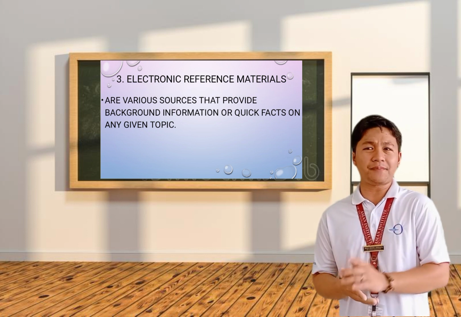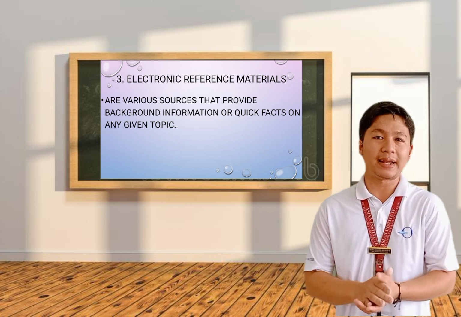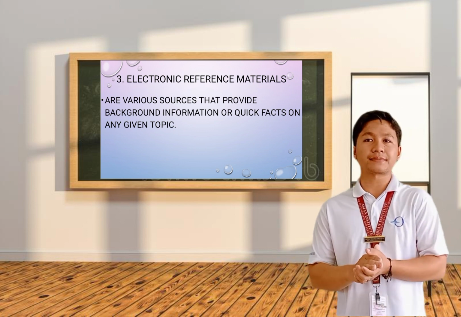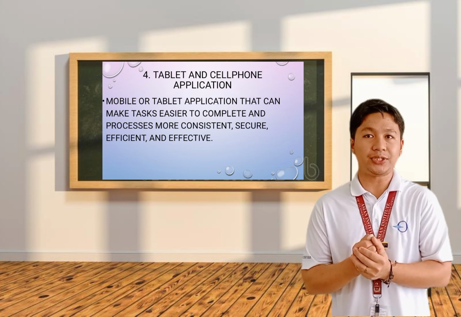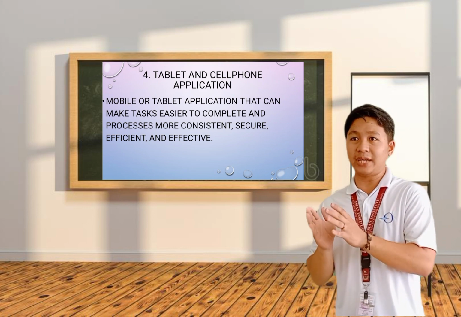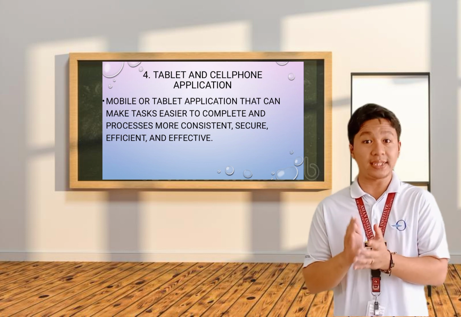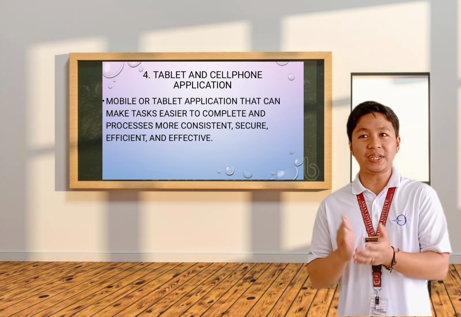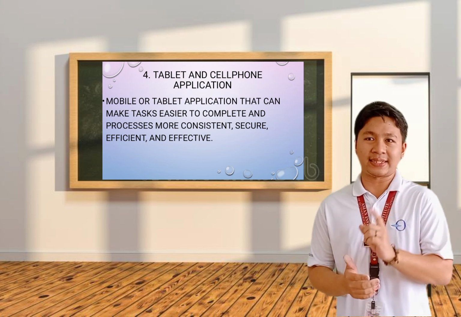So examples of these are encyclopedia, maps, and almanac. Okay. Number 4, tablet and cell phone application. So mobile or tablet applications that can make tasks easier to complete and processes more consistent, secure, efficient, and effective. So an example of this is Quizlet.